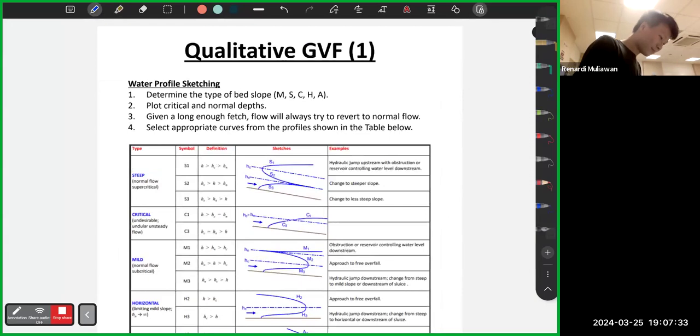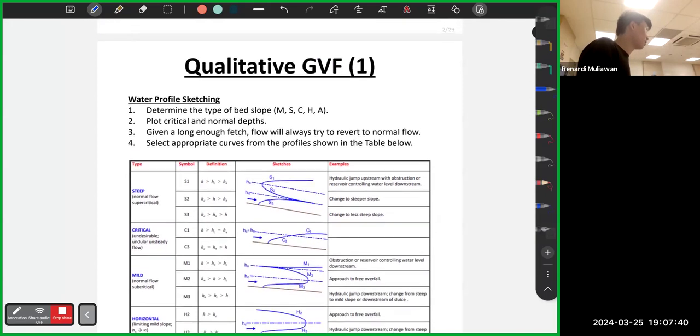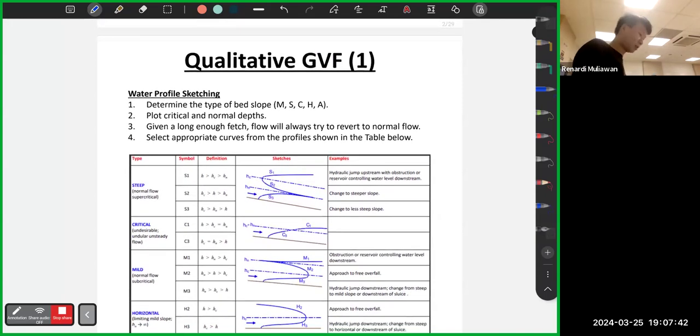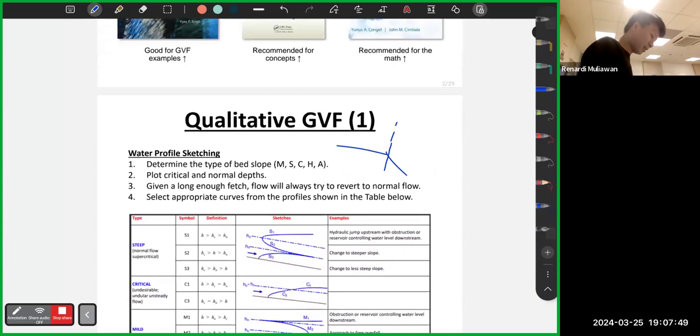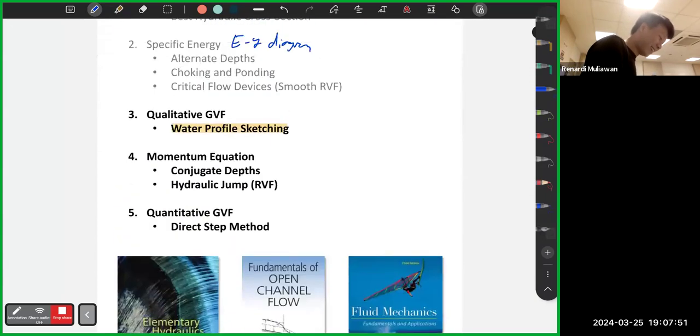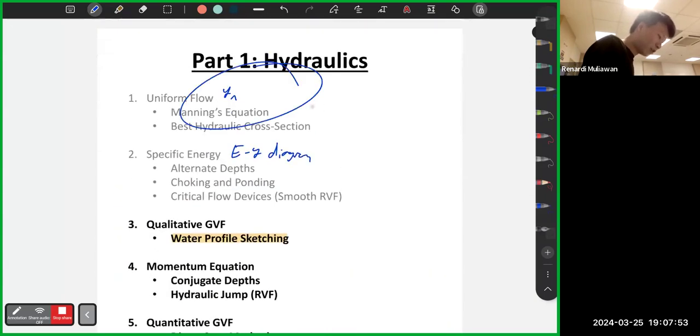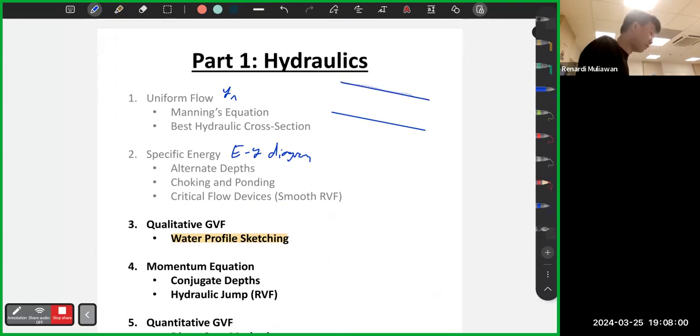Let's start with the qualitative gradually varied flow. If we have a change in condition, like a slope change, the water will not behave as in uniform flow. If you recall, if there's no obstruction, the flow in the river will simply be yn, the normal depth.